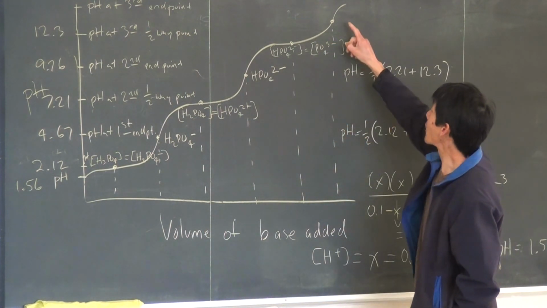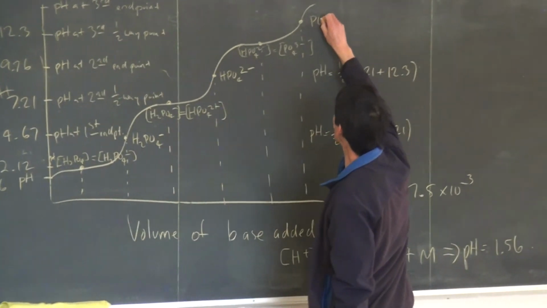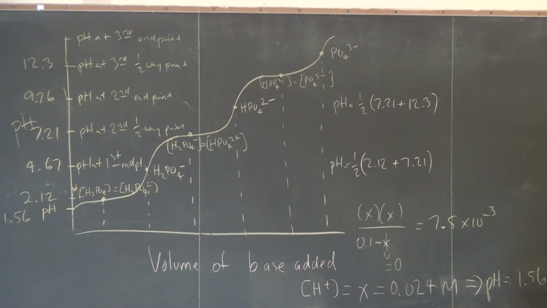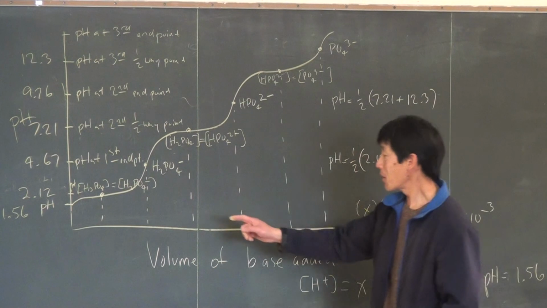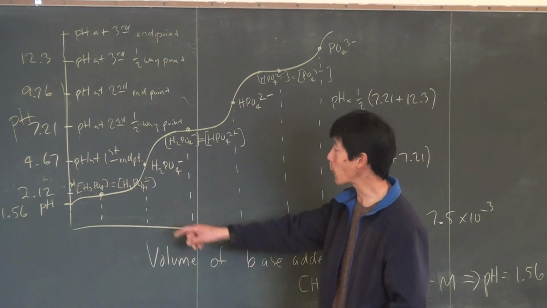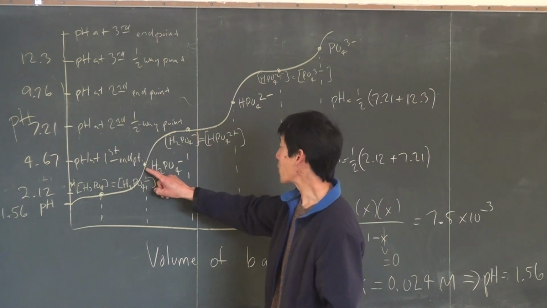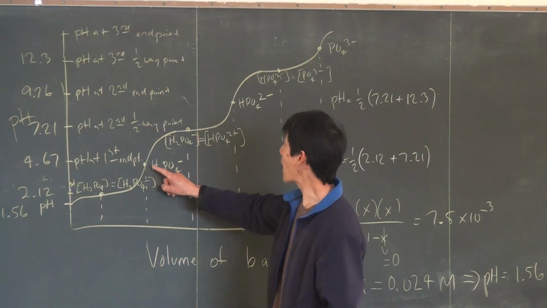And finally, at the third endpoint, we're going to have PO4 3 minus present only. Now note the other thing which is happening: as the pH changes, the charge changes too. So for example, at a pH of 4.67, the charge of your solution is -1.